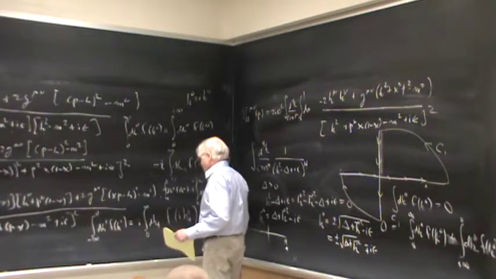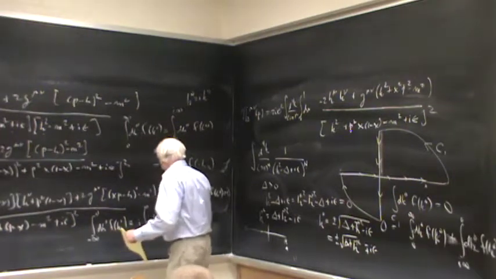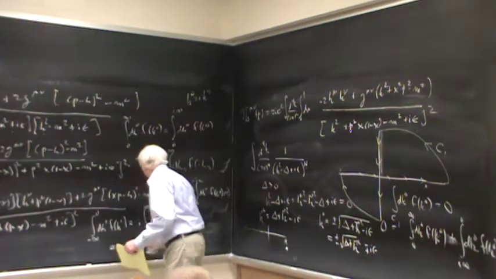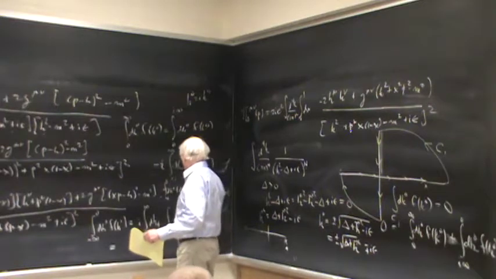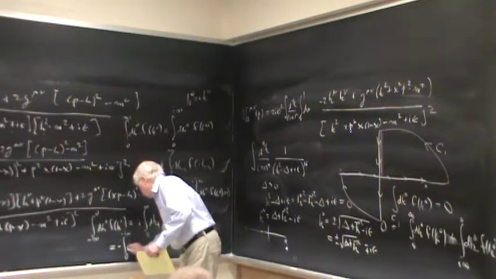The sum of those two is 0. So this integral is equal to minus the integral from 0 to minus i infinity, dk0, f of k0.